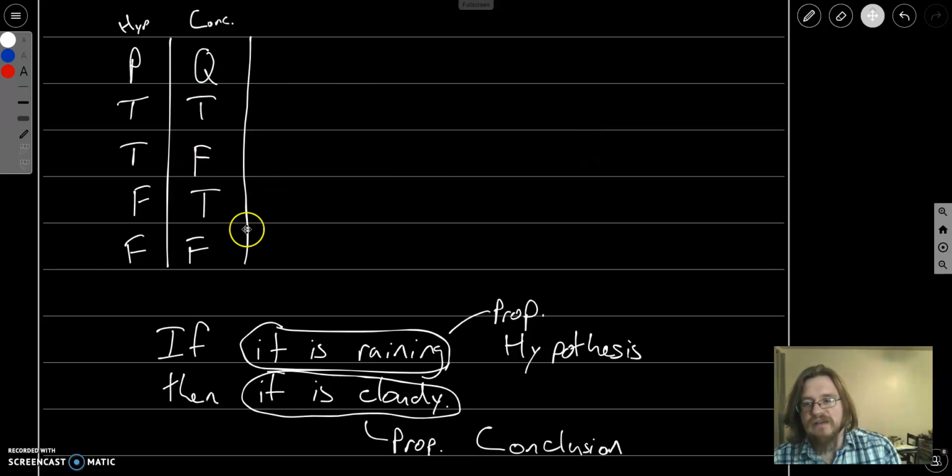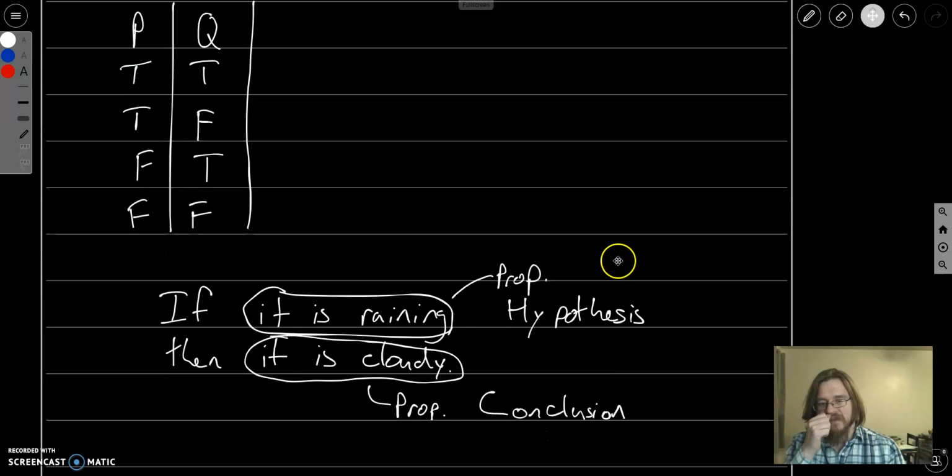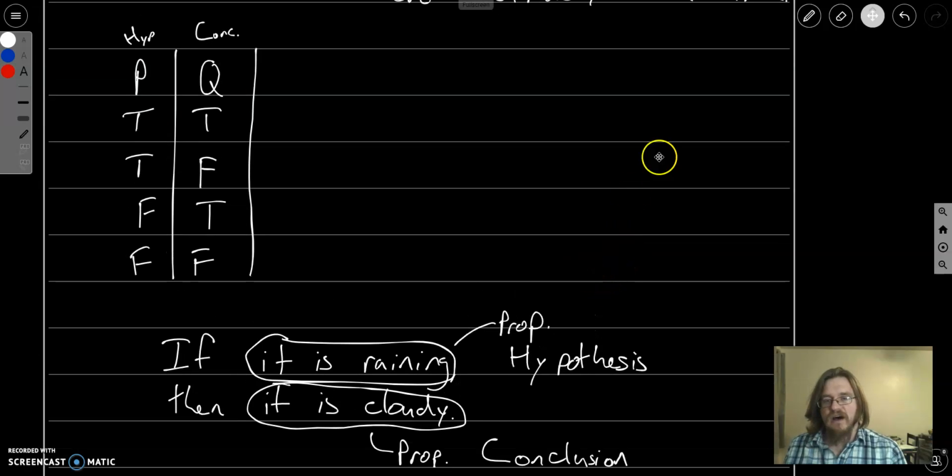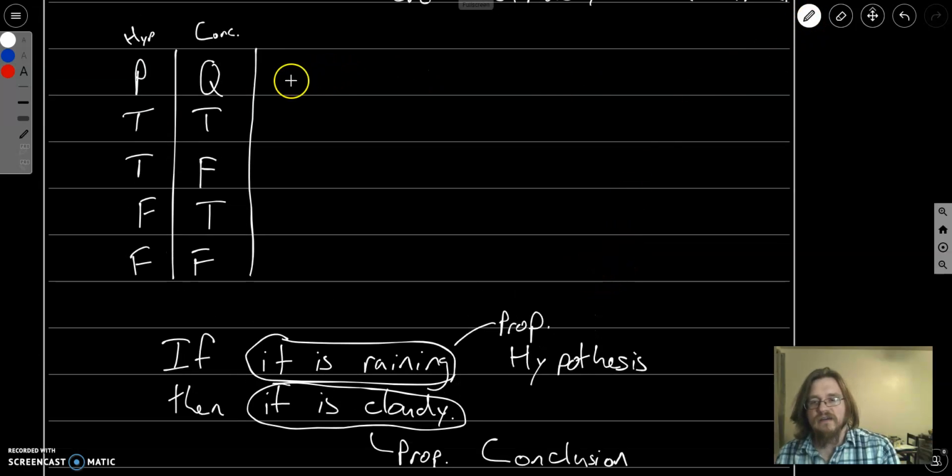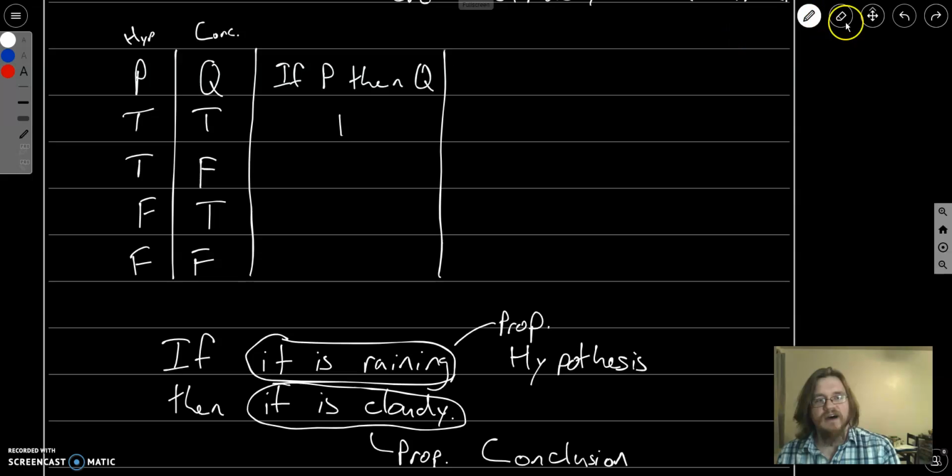And this is maybe a little bit trickier to see. But the one thing that I want to ask is, when would if P then Q be false? So the question is, is it false there? Could it be false here? And in my opinion, the easiest way to see this is, what would it take?